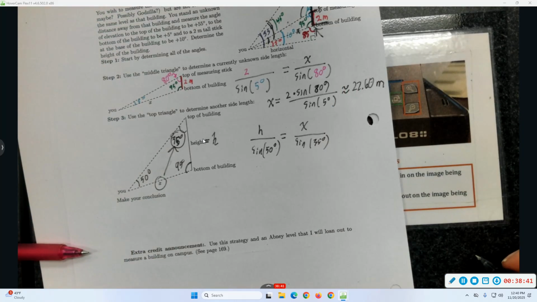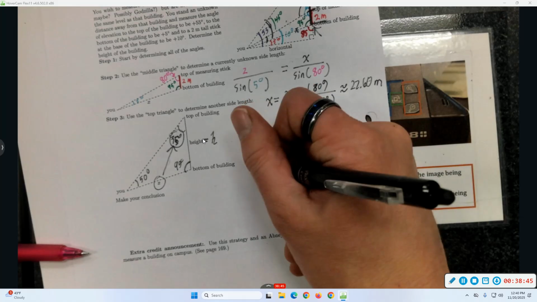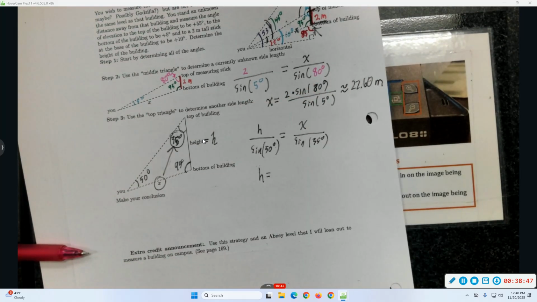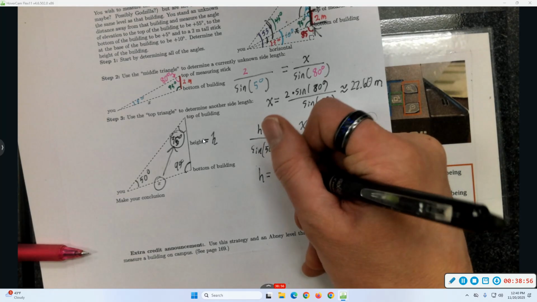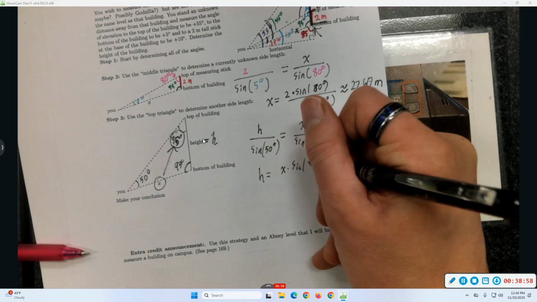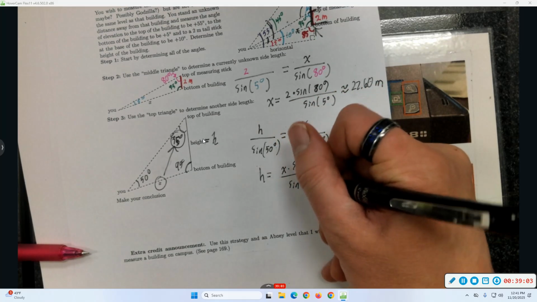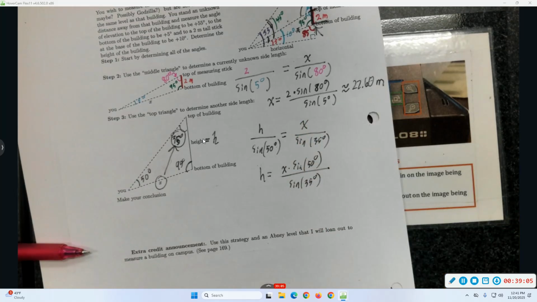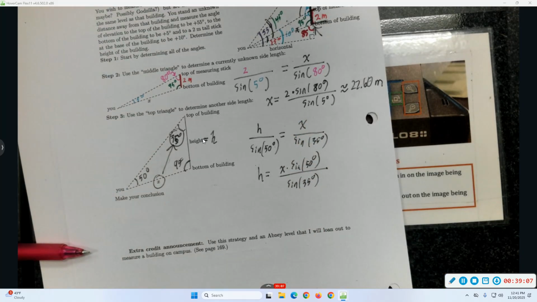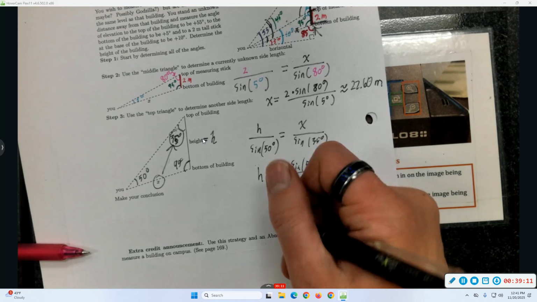All right, and I want to know what h is, so let's solve that for h. X times the sine of 50 over sine of 35. Groovy. But I also know what x is, so let's substitute that in now just to get the answer all the way written down.